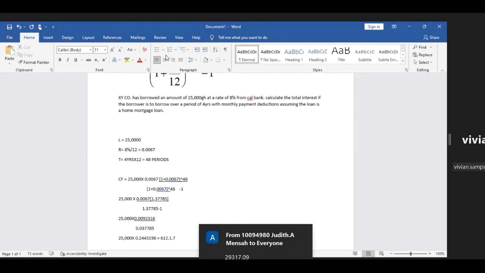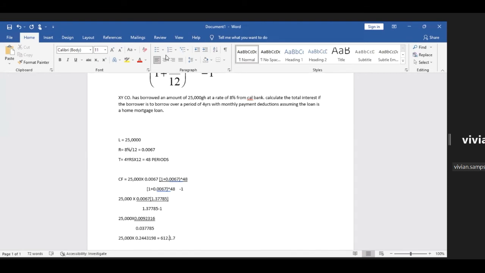Now, the earlier one we calculated, that is the add-on rate. How much were you going to pay every month? It was 687. Do you remember? Go through the chart and see.